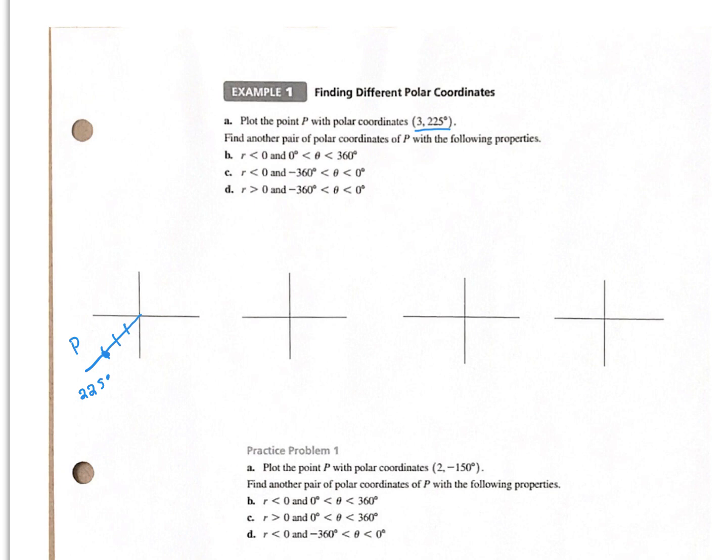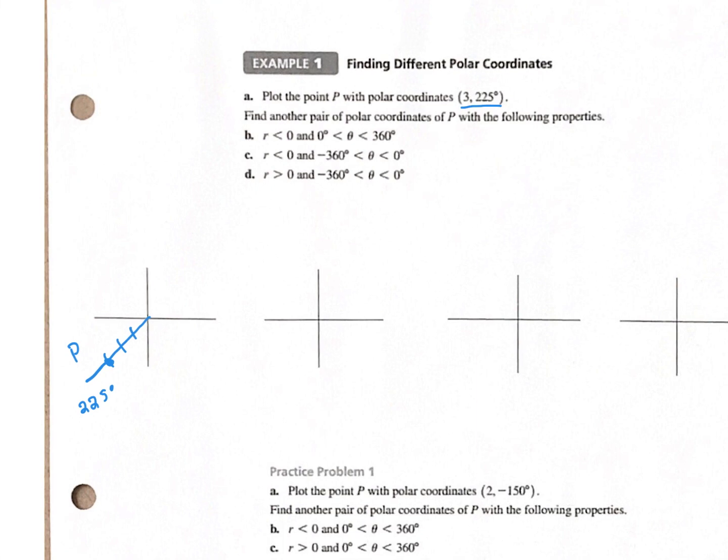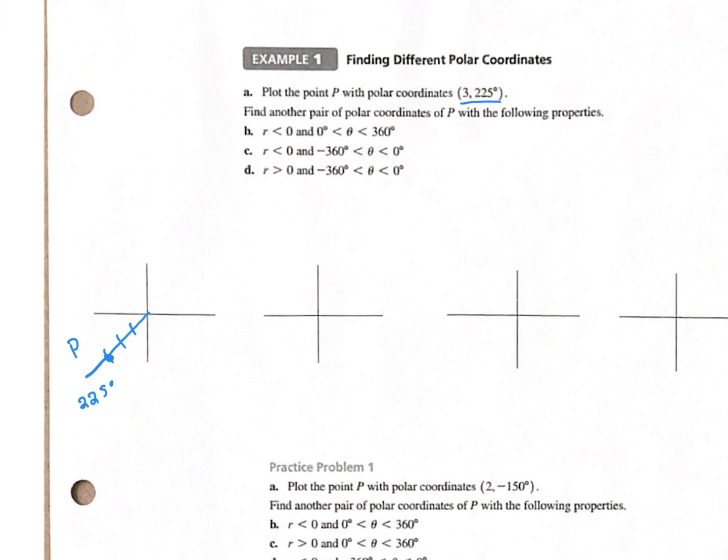All right, so we're going to come up with what the equation is, and we're going to graph the points based on those equations. We're going to do what we just did, using the same or different R value. It says, find another pair of polar coordinates of P with the following properties.